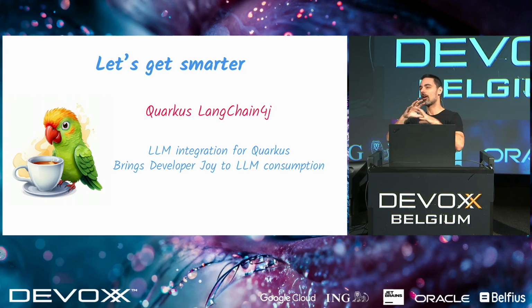Now, who has not heard of LangChain4j? One person has not heard of LangChain4j. Okay, LangChain4j essentially makes consuming large language models in Java very, very easy. Now, here's the follow-up question.